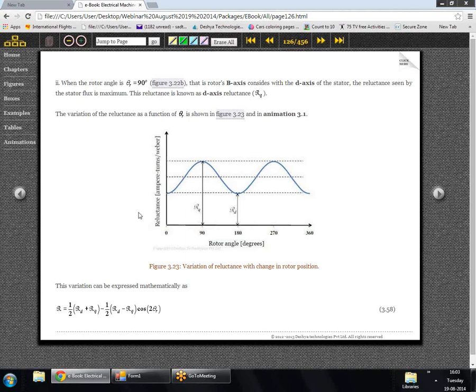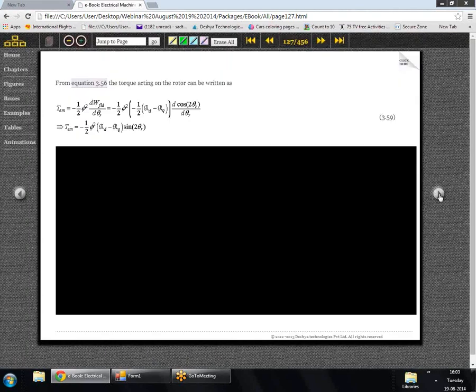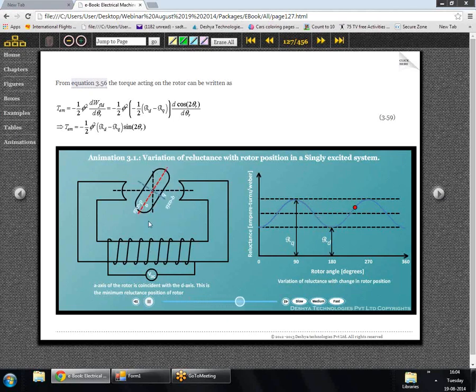In figure 3.23, we see the variation of the reluctance with the rotor angle, and this animation shows how the reluctance varies as the rotor keeps on moving. This was covered in detail in the previous webinar, so if somebody has missed that, they can please visit the webinar and have a look at it.